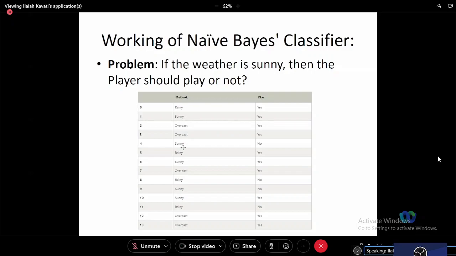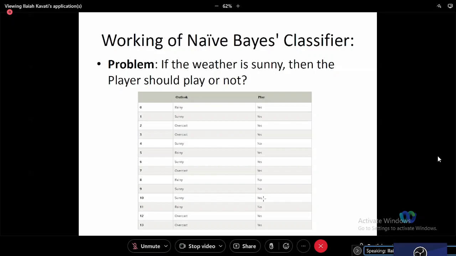Likewise, if the weather is sunny, there are sunny instances, out of 14, 1, 2, 3, 4, 5. Out of 5 instances, in the first play was there, in the second it was not there, in the third it is there, in the fourth there was no play, and in the fifth it is there.